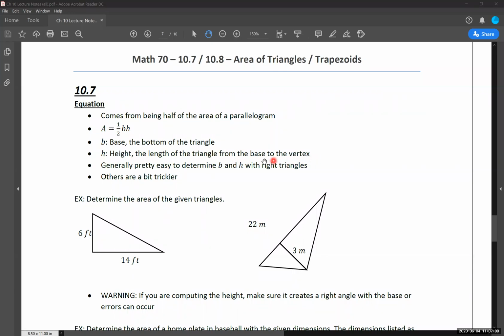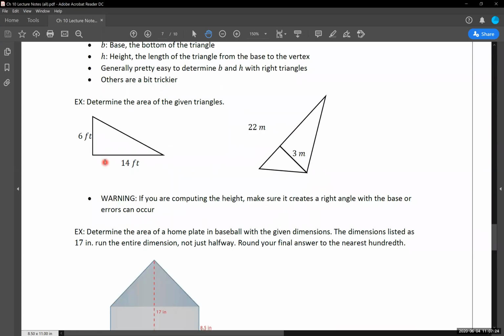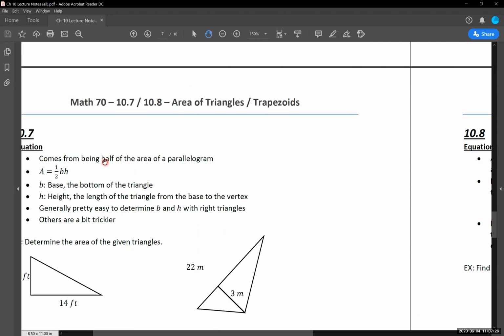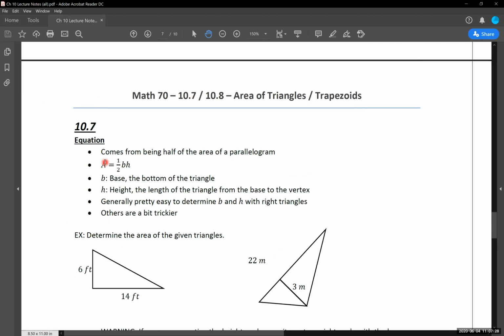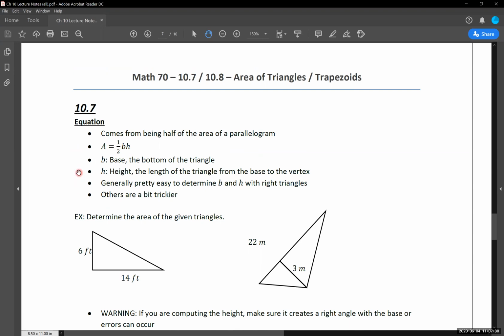This is a very subtle point that a lot of people, more often than not, will just glance over as, I just need the base and I need some kind of another length. People just look for two arbitrary random lengths and just plug them in accordingly.